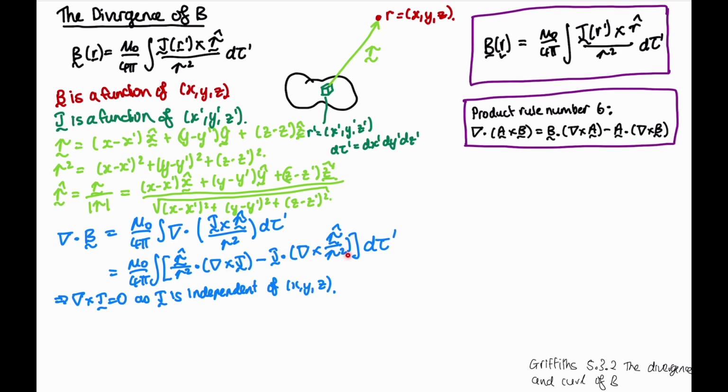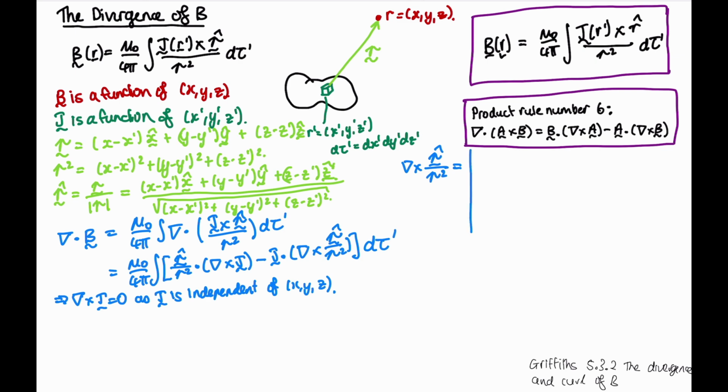So now what we need to do is worry about this term here. And I think probably the easiest way to do this is to just write it out in full. So let's write it out in full over here. We've got the curl of curly r hat divided by r squared.